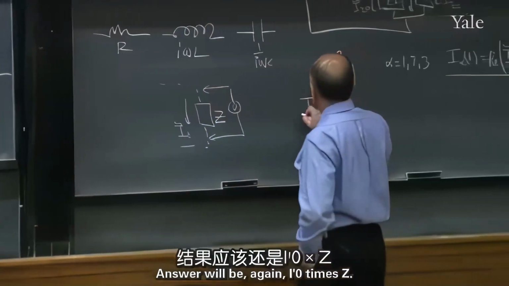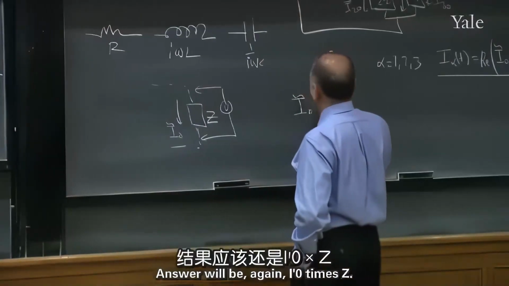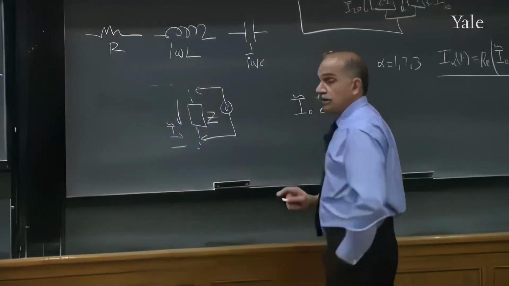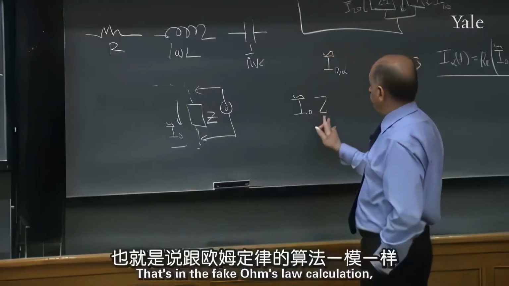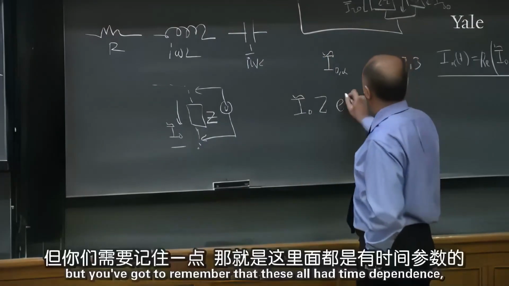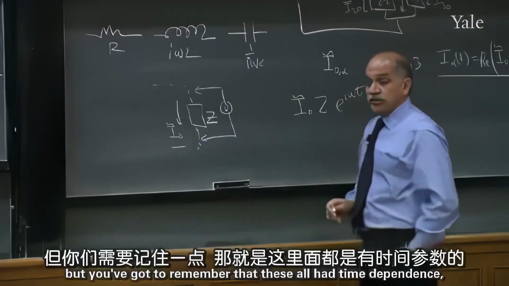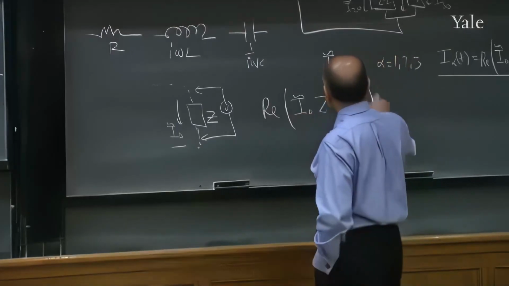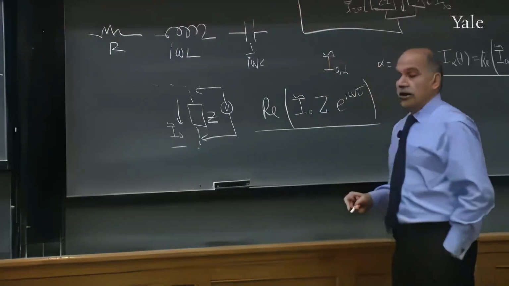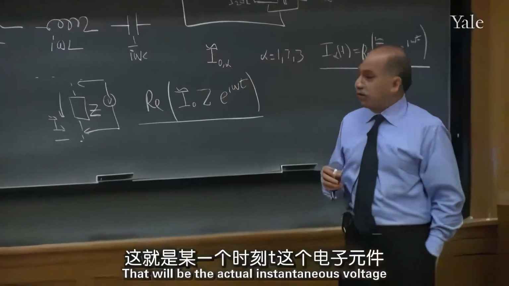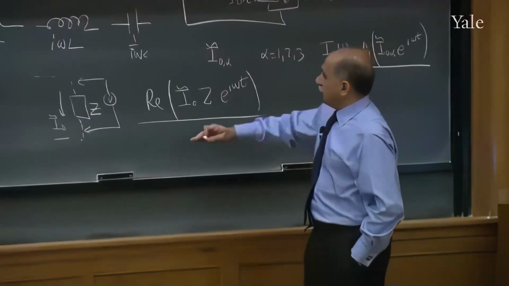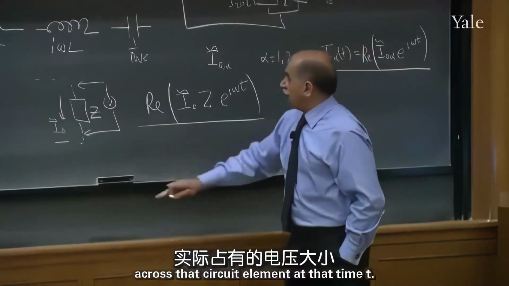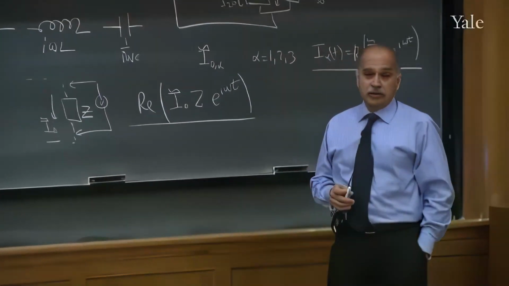The answer will be, again, I twiddle 0 times Z. That's the fake Ohm's law calculation. But you've got to remember that these all had time dependence, which I removed. Then you've got to remember to take the real part of the answer. That will be the actual instantaneous voltage across that circuit element at that time t.